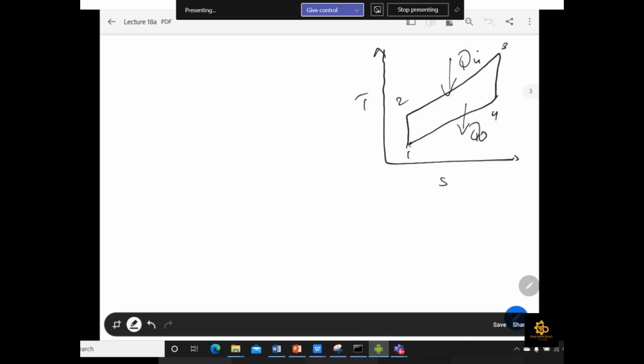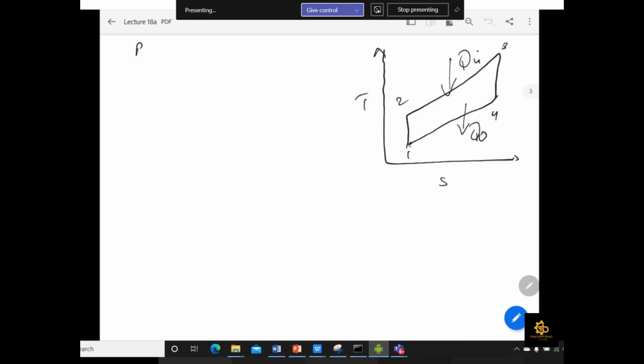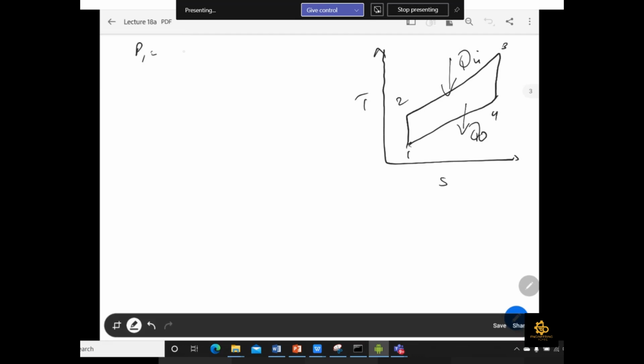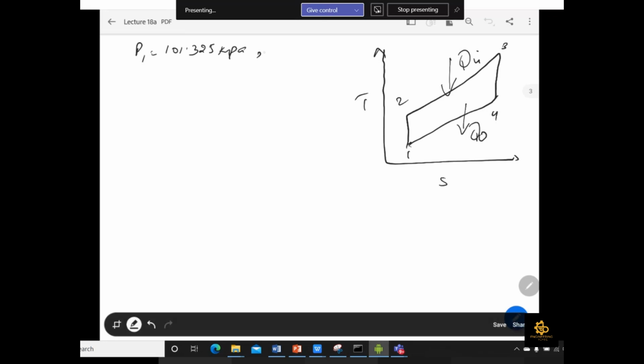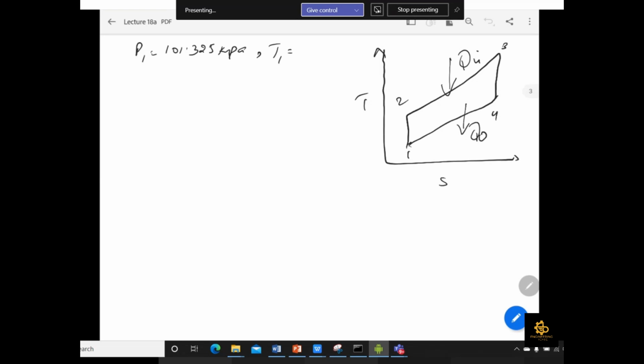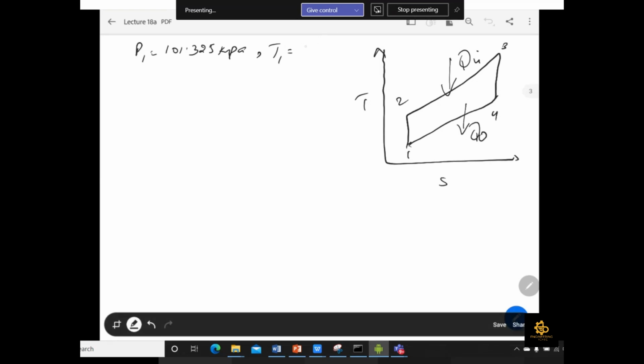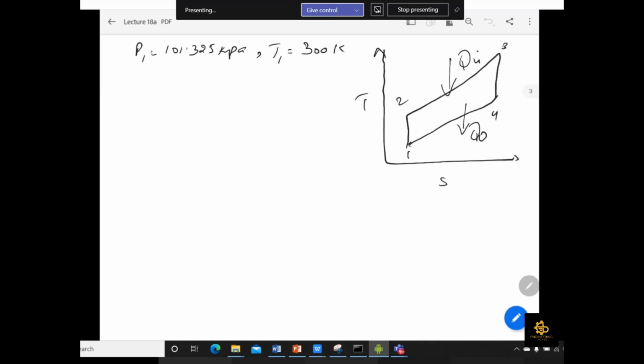In the question it is mentioned that P1 is known to you, 101.325 kilopascal, and T1 is also known to you, which is 27 degrees Celsius, or you can convert it into Kelvin, so it will be 300 Kelvin.